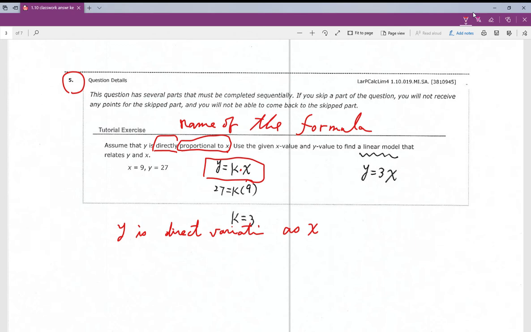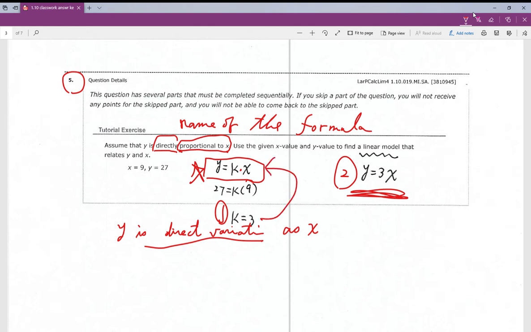As soon as you understand this name means direct variation, then you memorize the formula and you can use it. When you are using the direct variation formula, always first solve for k. After you solve for k, mostly they will ask you to plug k into the original equation and write down the complete equation.